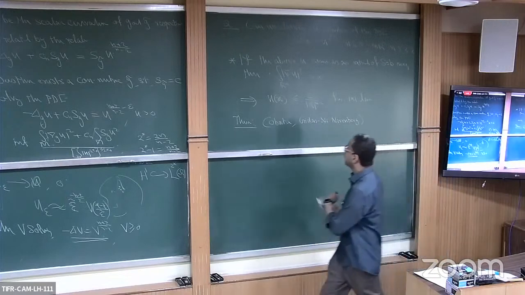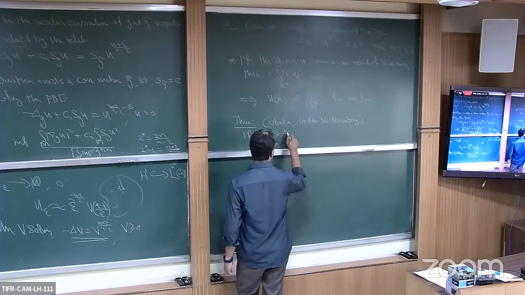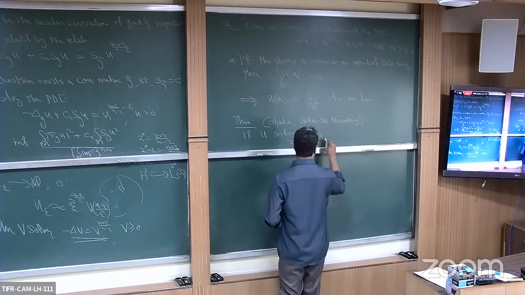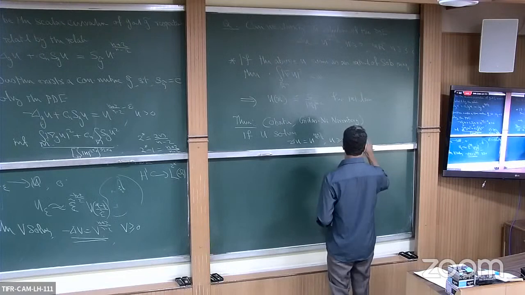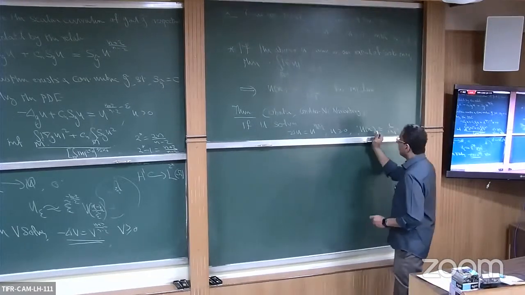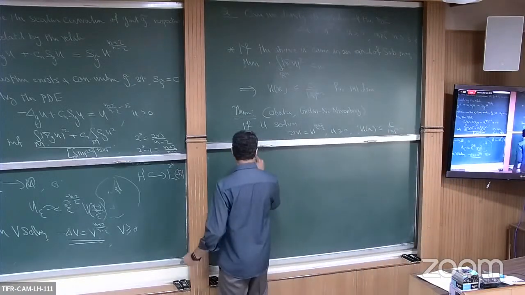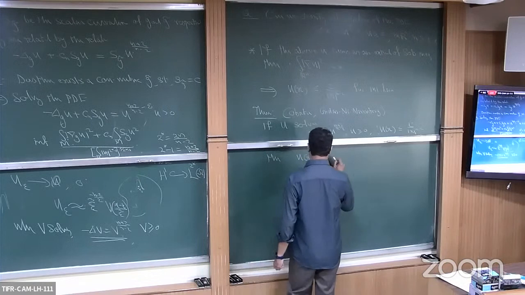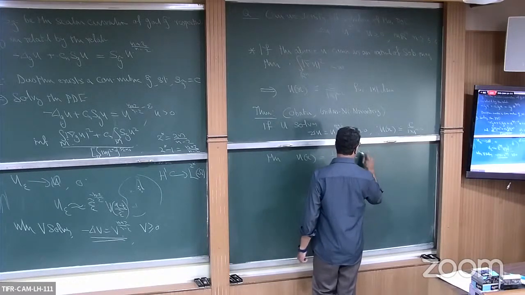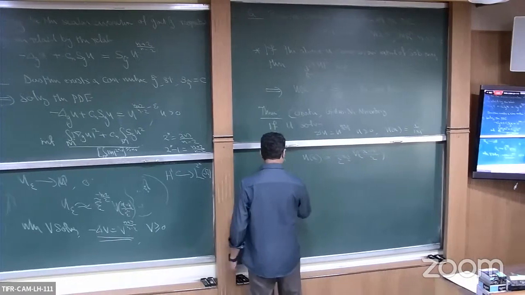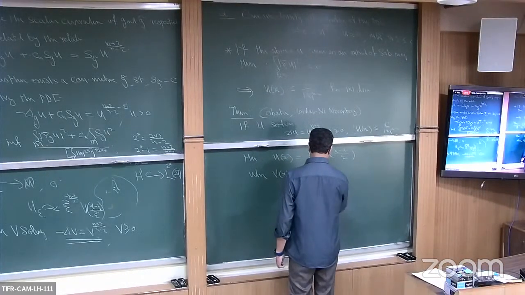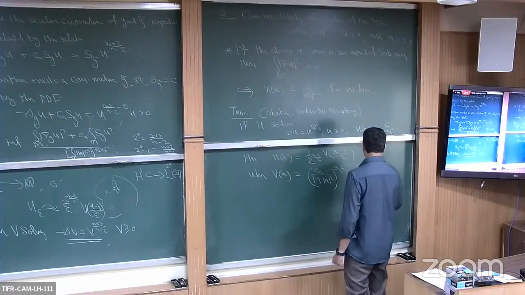What they showed is that if u solves minus Laplacian of u equals u to the critical power, with u positive and u(x) bounded by a constant times |x|^{-(n-2)}, that is, if you have this decay assumption at infinity, then u is of the form u(x) = (1/epsilon)^{(n-2)/2} v((x - x_0)/epsilon), where v(x) is, for some dimensional constant, equal to (1 + |x|^2) to the power minus (n-2)/2, and x_0 is in R^n.